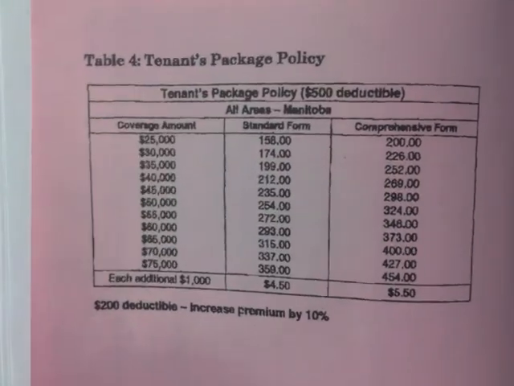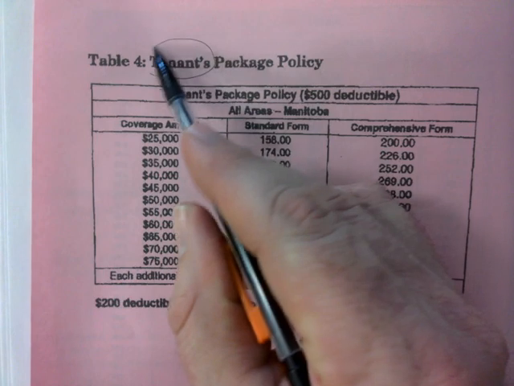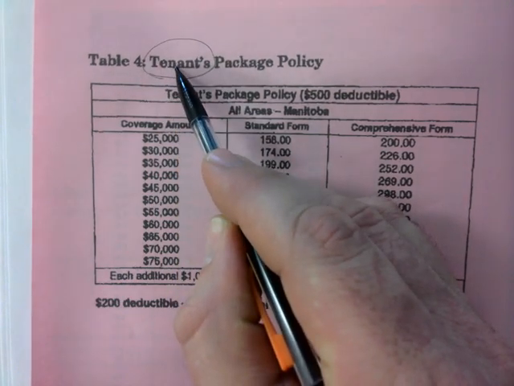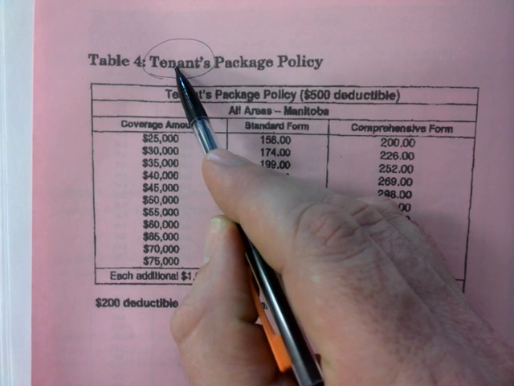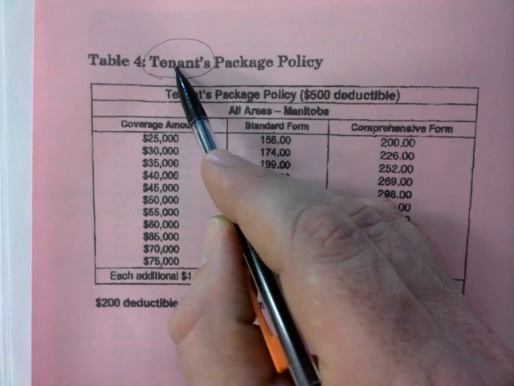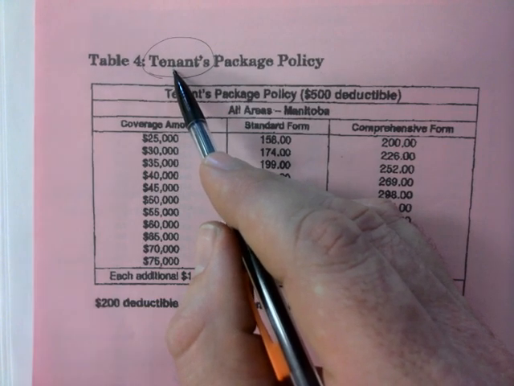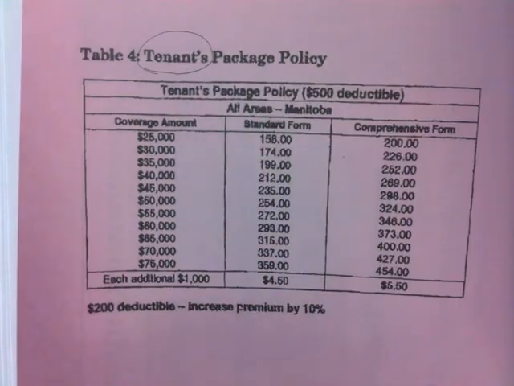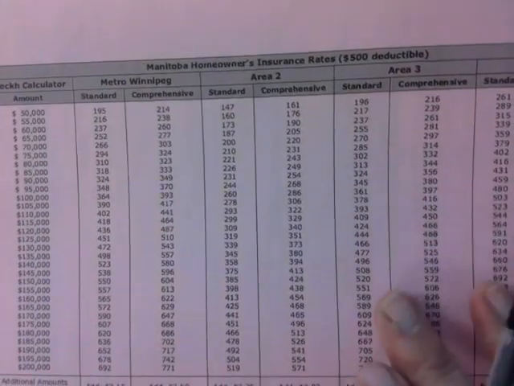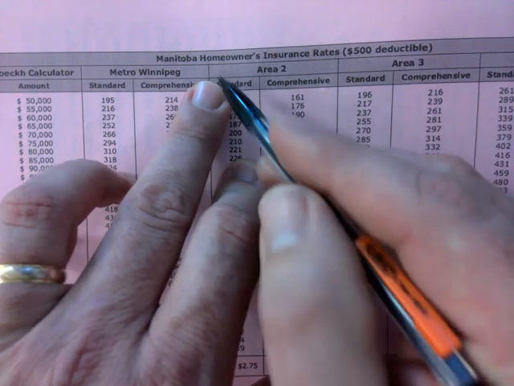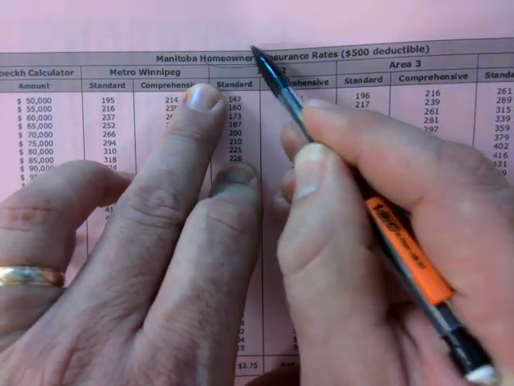There's the tenant, that's when you're renting. You have to use that one. So the pink booklet, open it down the middle. There's a tenant package policy. And when you go sideways, there's the homeowners. You see it?